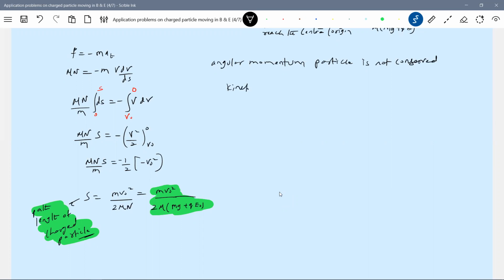It's also not conserved. Why is it not conserved? Because the tangential force is acting. We know angular momentum equals m v r for a particle, and continuously the speed is varying, r is also varying. Therefore, as the net torque is non-zero, the angular momentum is also not conserved.